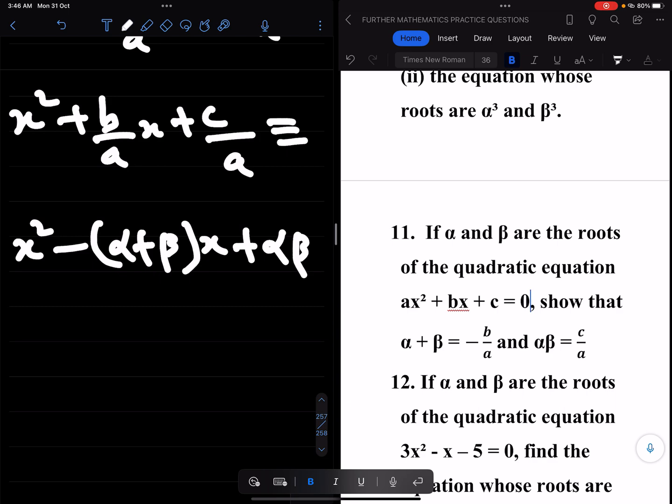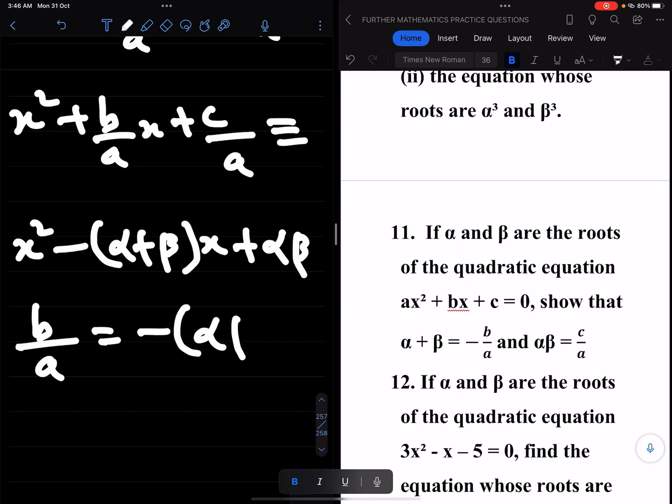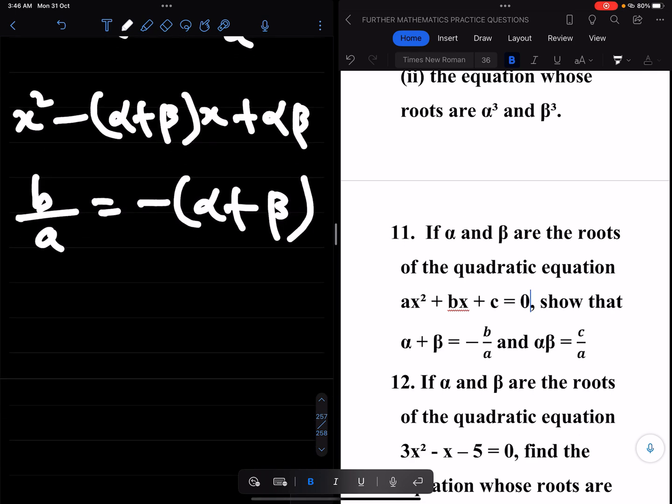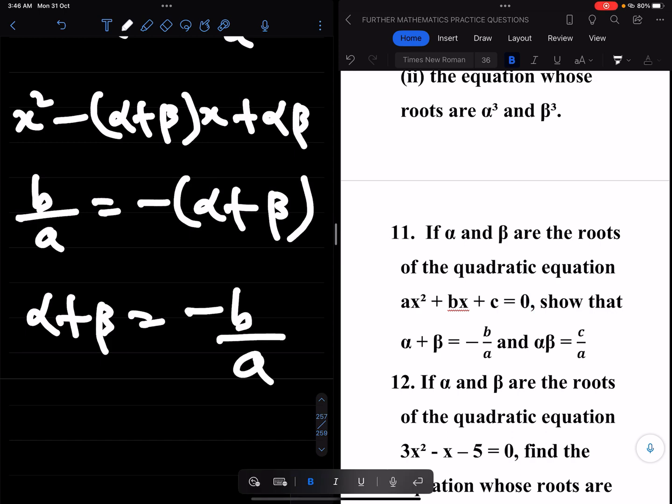Comparing the coefficients of x on both sides, b over a on the left hand side is the same as minus (alpha plus beta), and that simply means alpha plus beta is equal to minus b over a.